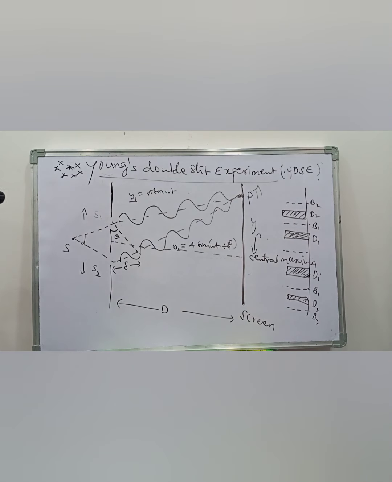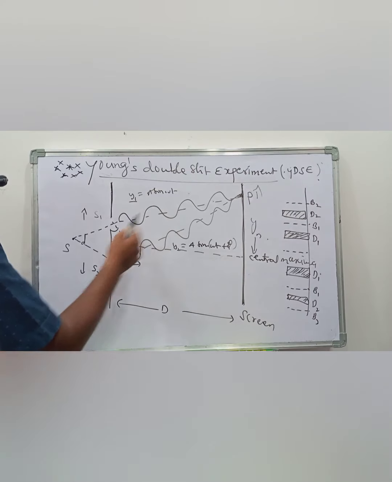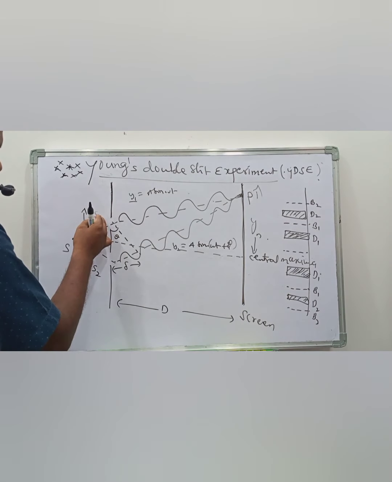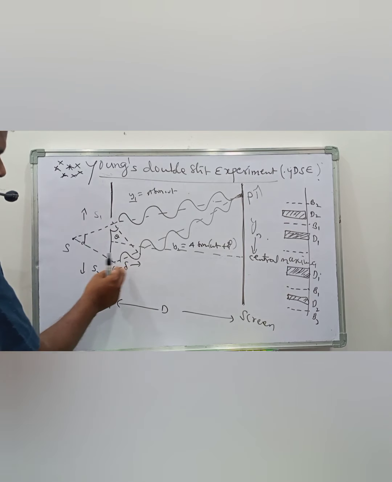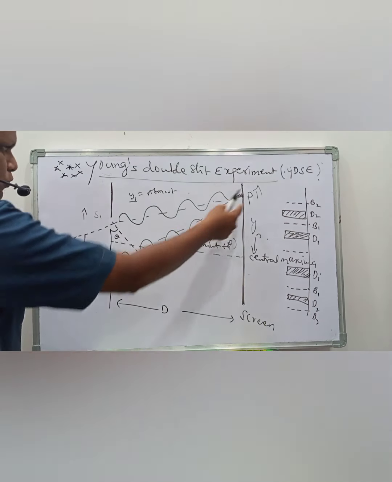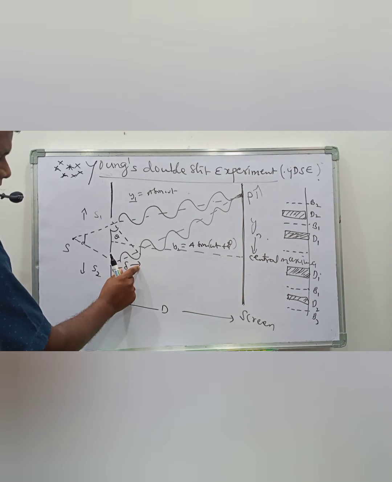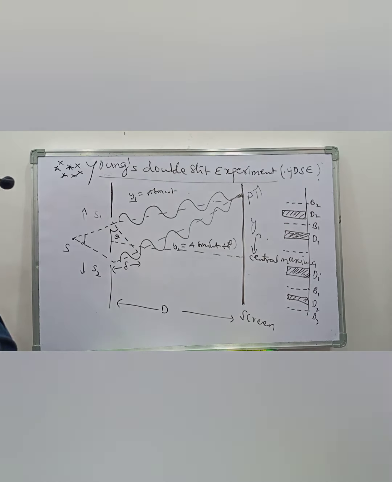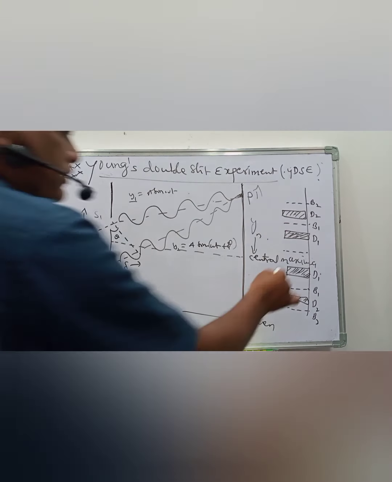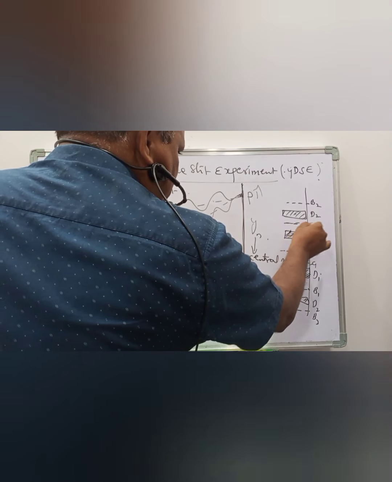Now I am going to give the path difference. S2P minus S1P is equal to delta, the path difference. Also we can calculate the path difference for the dark fringe and bright fringe.